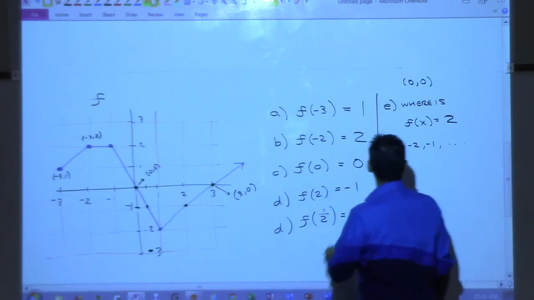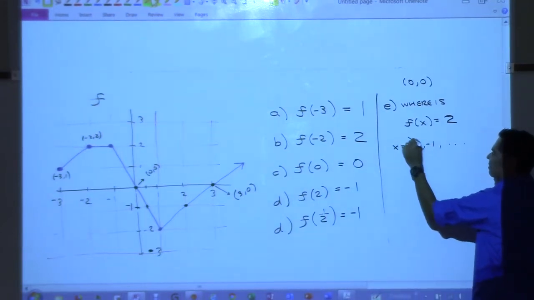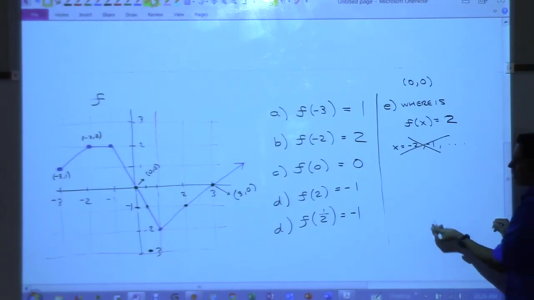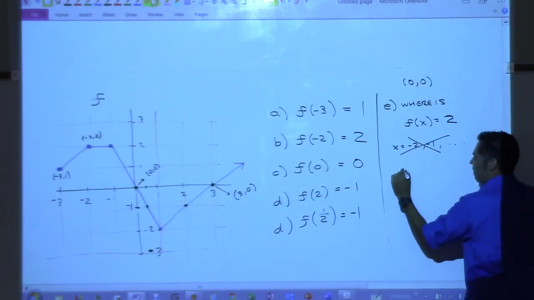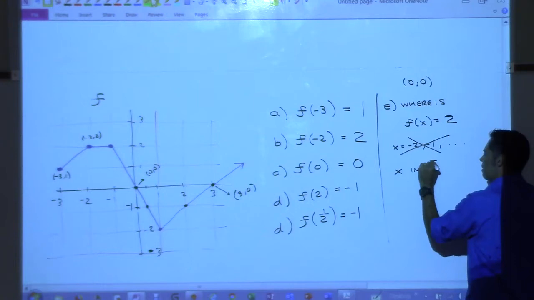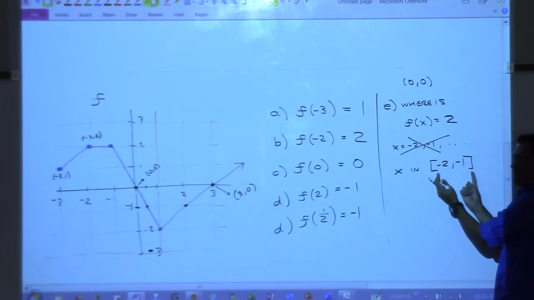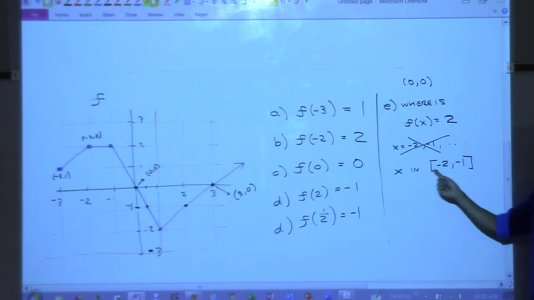So what we do instead is we don't list them out like this. We write it in what we call interval notation. So we say something like this: x is in the interval -2 to -1, using brackets. And that's saying as long as x is in here, the output's going to be 2. Do y'all agree with that statement?